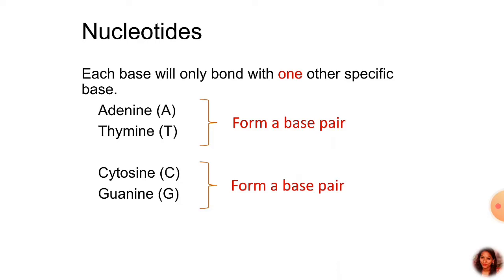If there is one, it is known as a nitrogenous base, but if they bind with another, it is known as a base pair. A binds with thymine by a weak hydrogen bond, but in the case of G and C, guanine and cytosine, they bond with a triple bond.